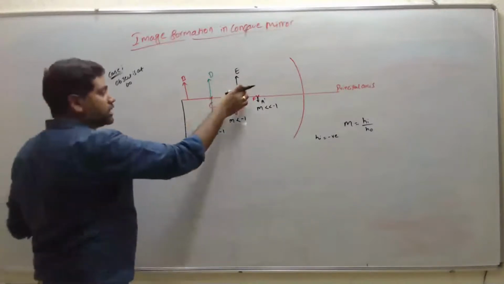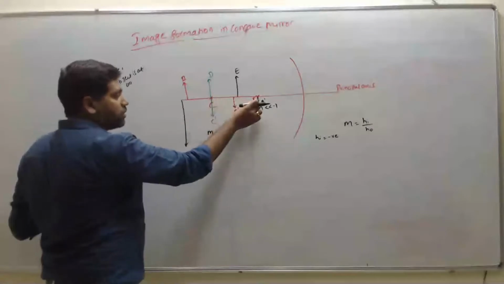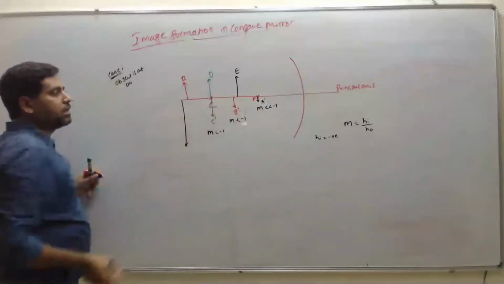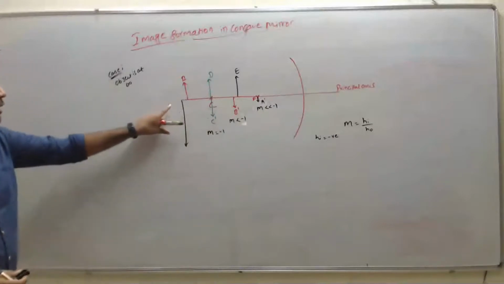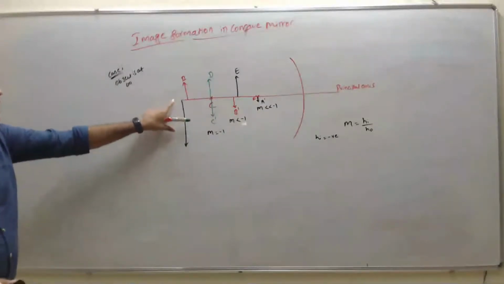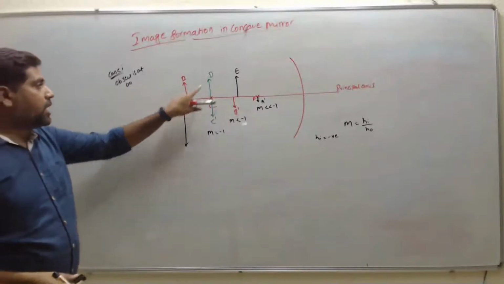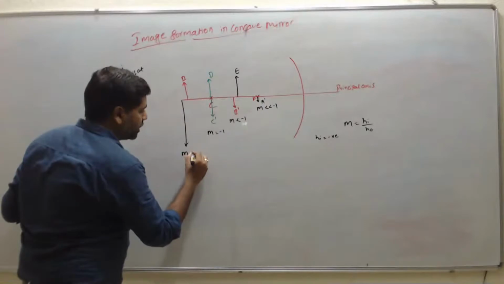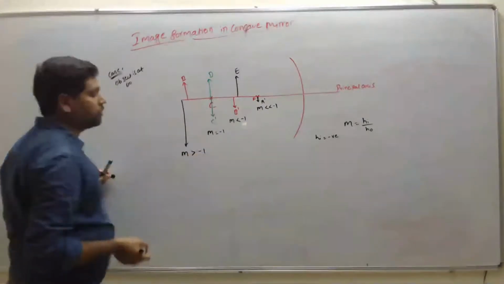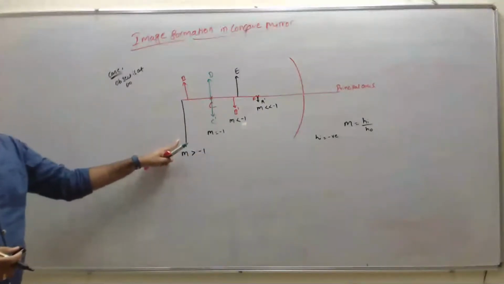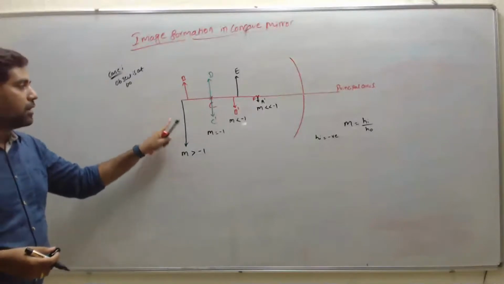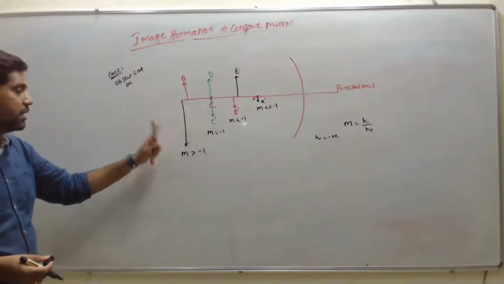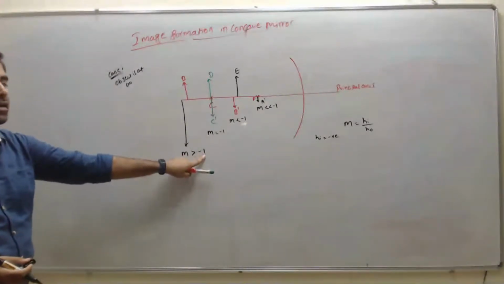Here also the image formed is inverted and greater than the object, so the magnification M is greater than minus 1. So here also the image formed is real and inverted, it is formed beyond C, and its magnification is greater than 1.